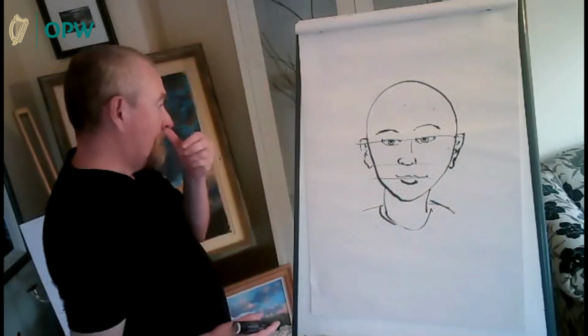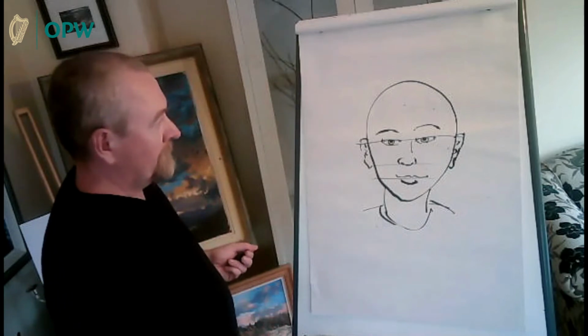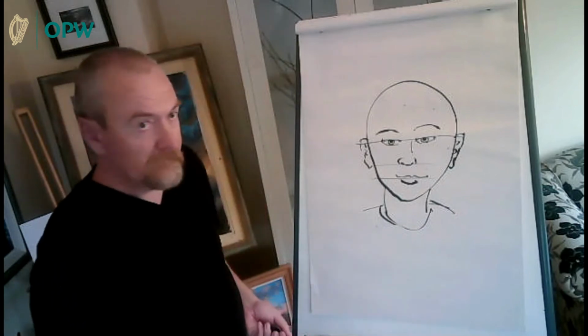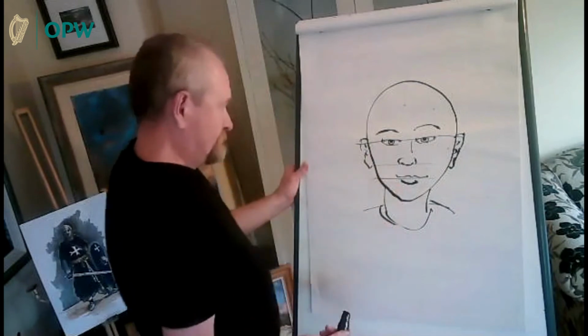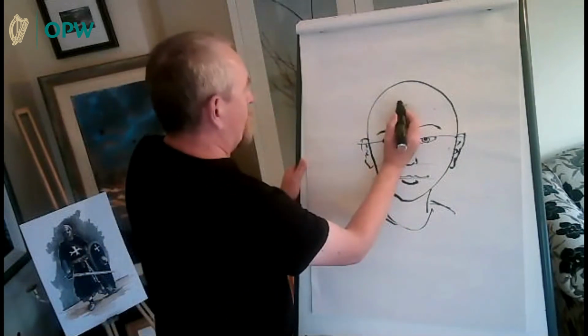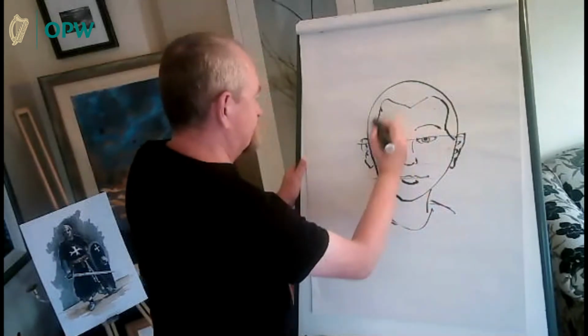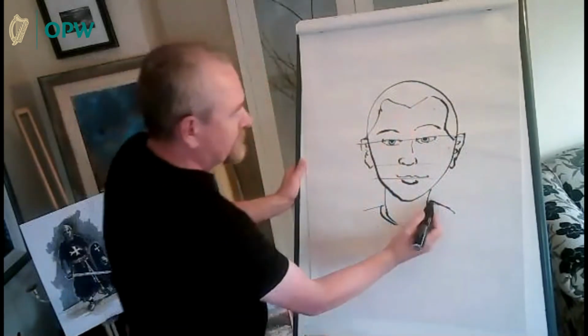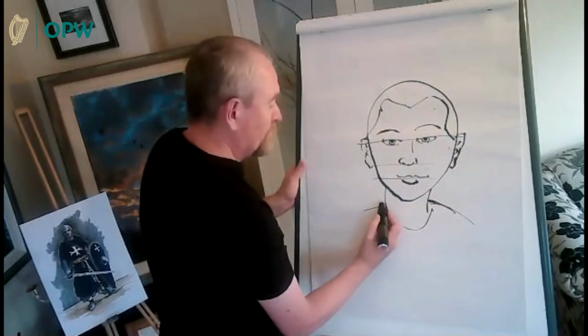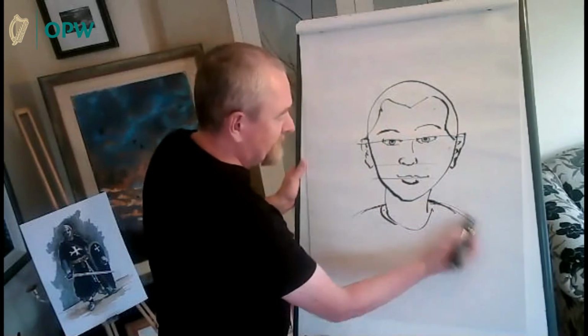Obviously, you then put on whatever kind of hair you want to put on. Here I'm doing mine again, roughly. So, just some broad rules if you come to draw a human head.